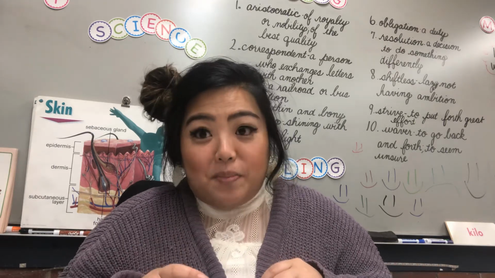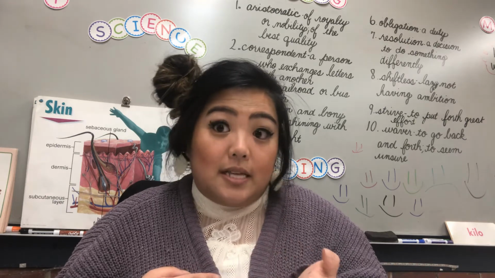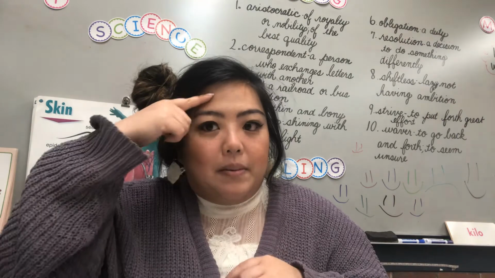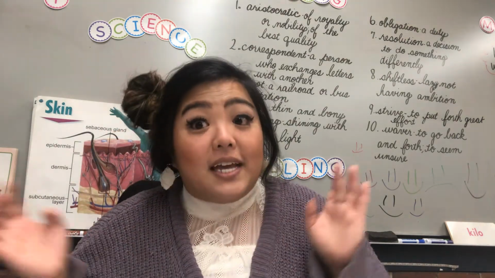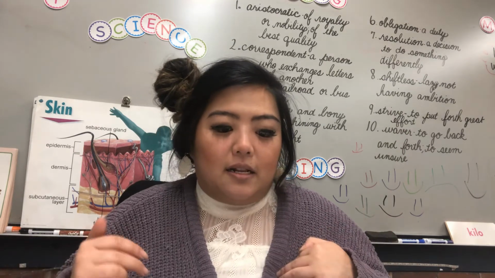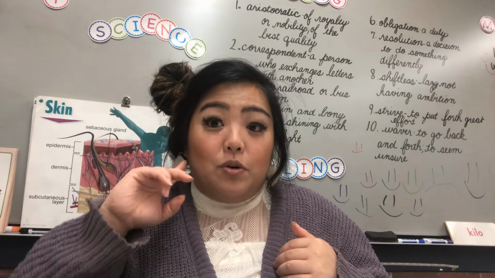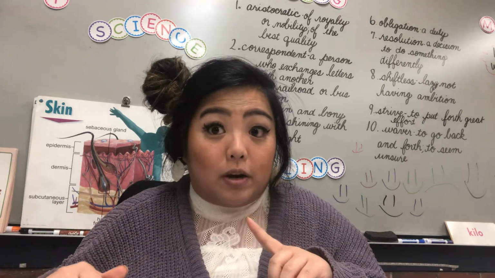Now, I told you about my curling iron. Seriously, when it happens, it usually does not break the skin. It just becomes a little red, or maybe I've gotten it right here. It hasn't broken the skin. But if it does break your skin, like they said, a lot of electrical appliances, I would say if you ever ironed and you touched a hot iron, that probably would break your skin.